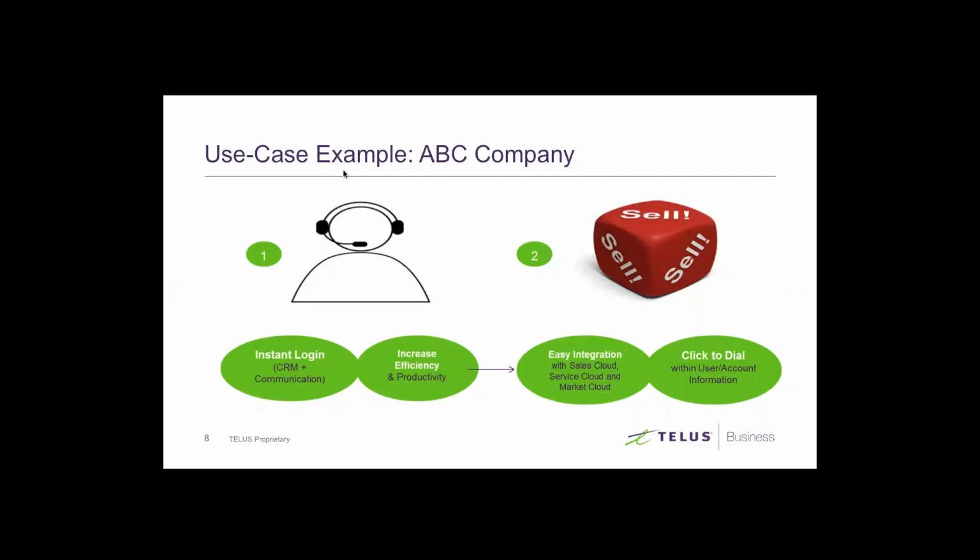We picked a representative from ABC Company, Jack, who's a sales rep, and is beginning his day of prospecting using Salesforce. So he logs in and instantly is connected to his Business Connect phone system through Salesforce. After viewing various Salesforce information, Jack has a reminder to call a customer.